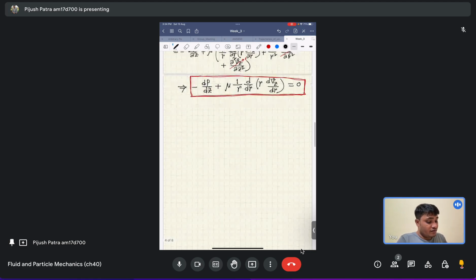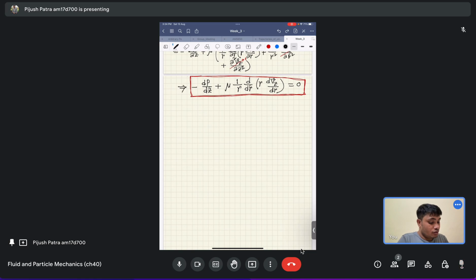So that means from here, I will say this ∂p/∂z term is a constant term, that I have to first assume. So the pressure gradient along the flow direction, along the z direction, is constant along the flow direction.